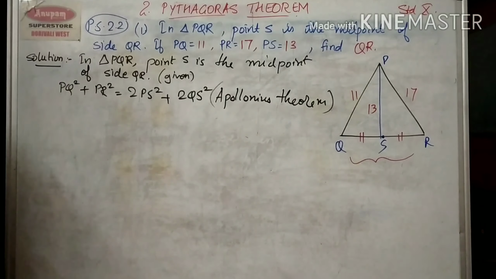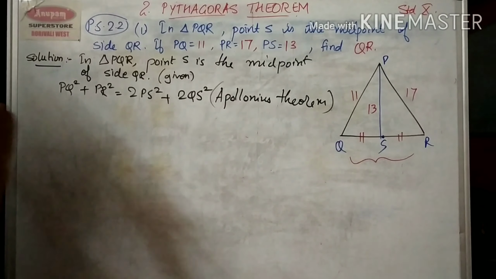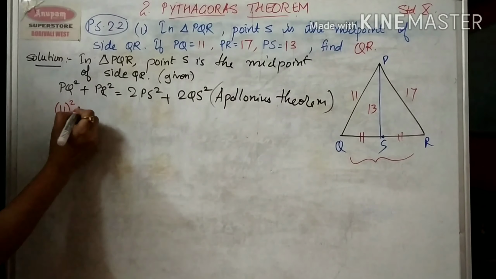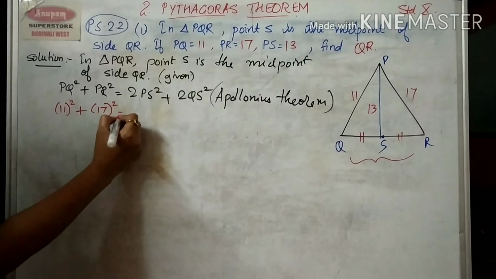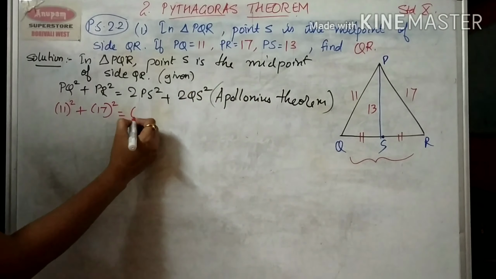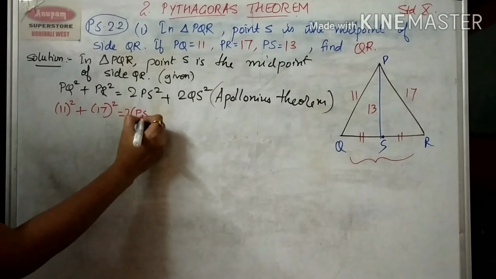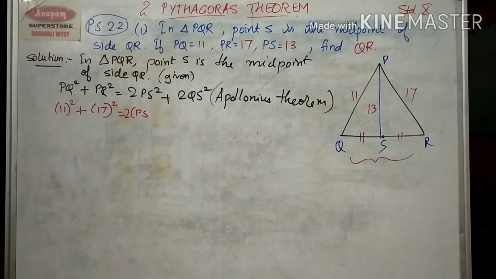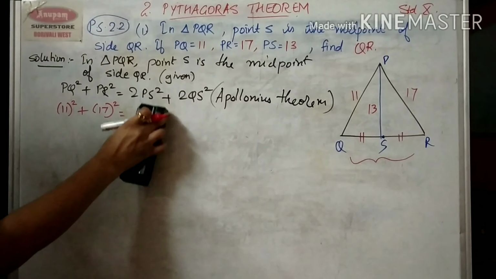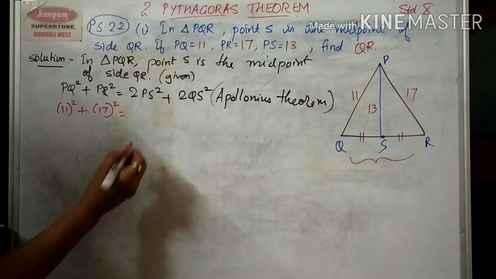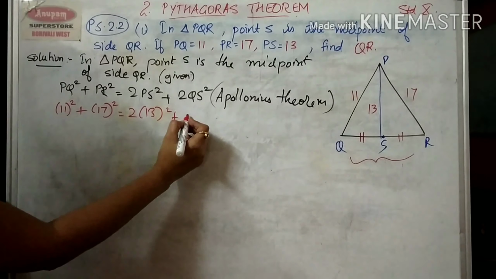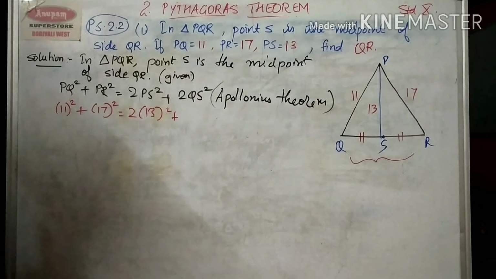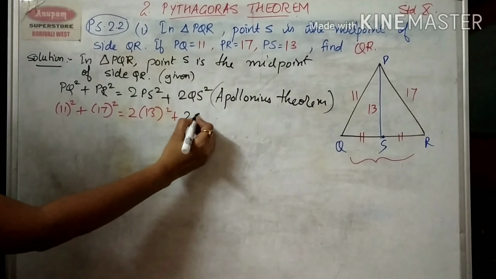Okay. Then next, we substitute the values. PQ is equal to 11, so I write down 11 square, plus PR is 17, so I write down 17 square. PS is 13, 2 into 13 square, plus 2QS square.